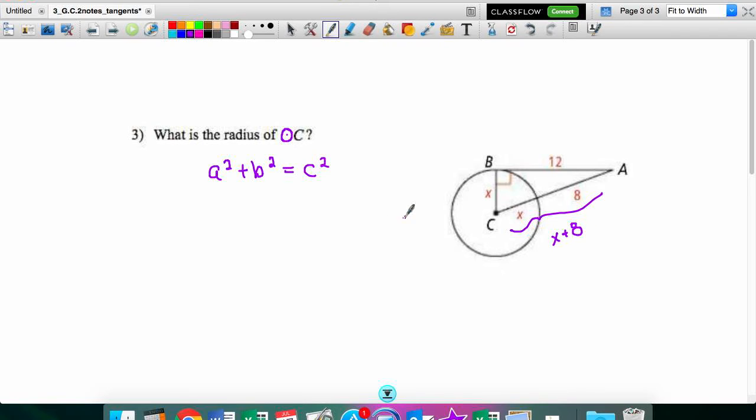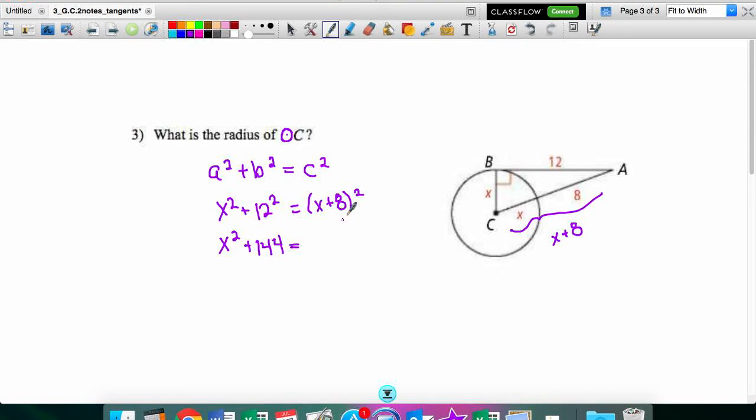Once again, we have a binomial for our hypotenuse, so you need to put it in parentheses before you square it, so that the square applies to both terms. That leaves your x and your 12 as your remaining two sides, our a and b for the Pythagorean theorem. Okay, so let's simplify what we can. x squared can't be simplified, but 12 squared is 144.